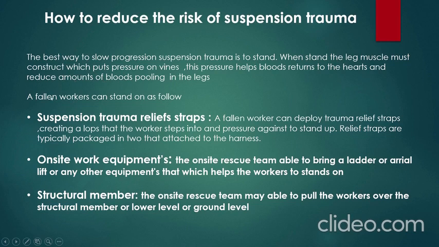So a fallen worker can stand as follows. Suspension trauma relief steps: a fallen worker can deploy trauma relief straps, creating a loop that the worker steps into and pushes against to stand up.